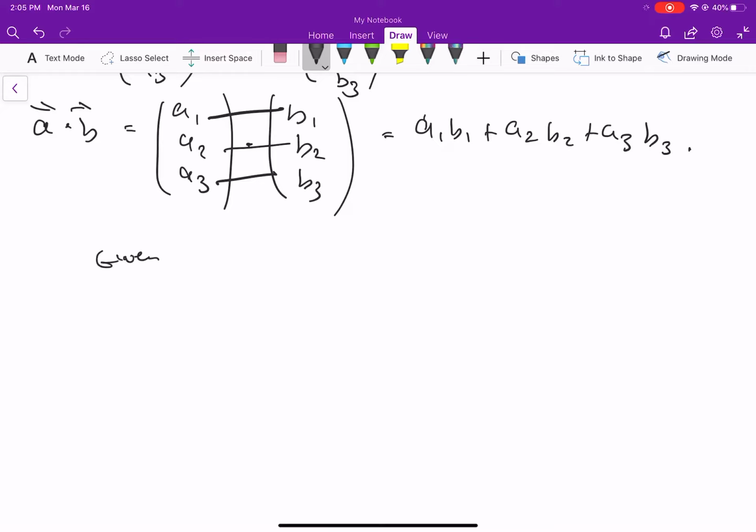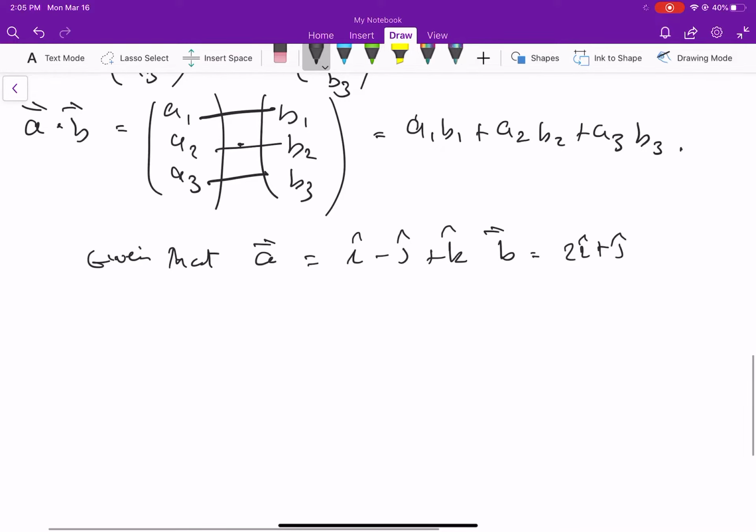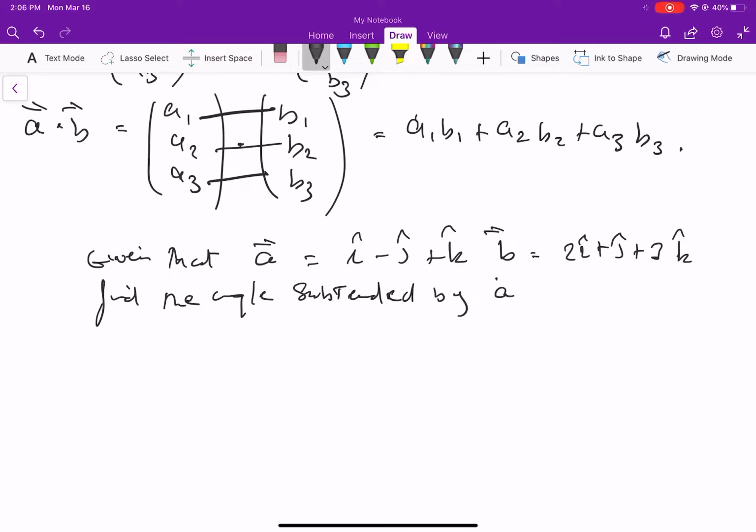Given that vector A is equal to I minus j plus k, and vector B is equal to 2i plus j plus 3k, find the angle subtended by A and B.